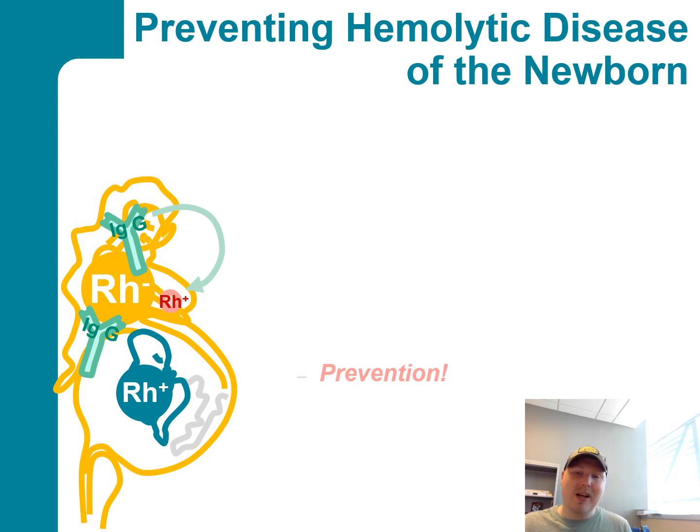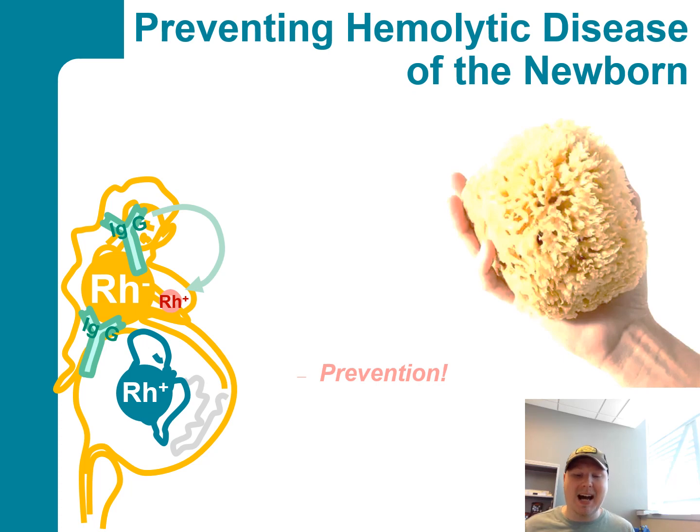So, by essentially giving the anti-D, we are giving these anti-Rhesus or anti-D immunoglobulins. And these are mopping up, a bit like a sponge, all of the fetal red blood cells, getting rid of them very quickly.